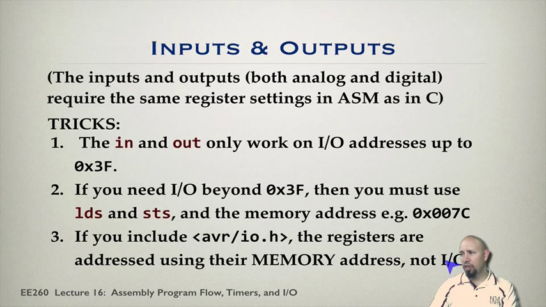Their memory address is of this form, and so you're good to go. You can always use LDS and STS with the memory address, even if you could use in and out. However, I recommend that you use in and out because they are faster, and that speeds up especially your interrupt service routine.